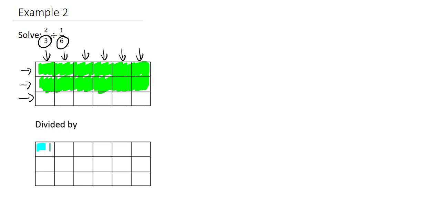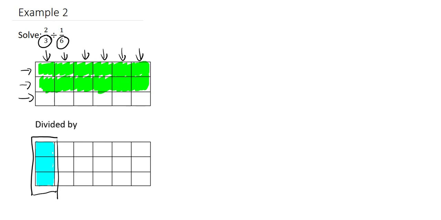And then we are doing this by the columns. We're just going to color in one of the 6 columns because it's 1/6. So that is how it's represented. Now what we're asking is how many of these 1/6s, like right here, is in 2/3. So that's what we're asking.